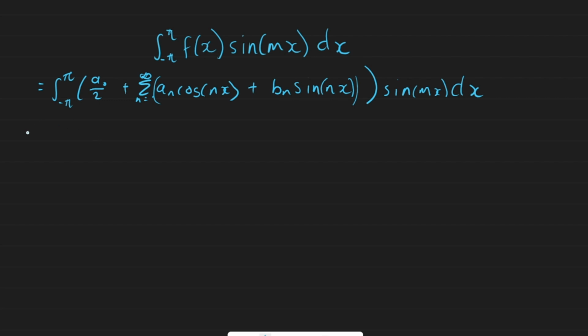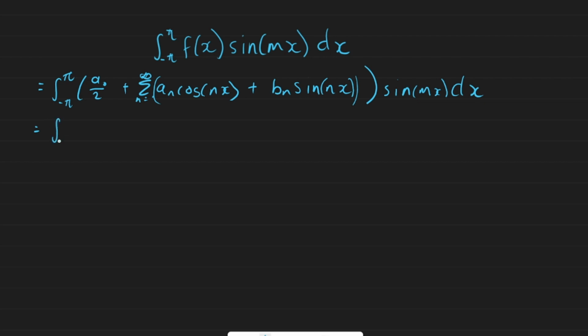dx. So as we had done just now, we will multiply it for each term, and we will separate out this infinite sum and this integral, and we will put it into the form of the integrals that we had shown earlier.